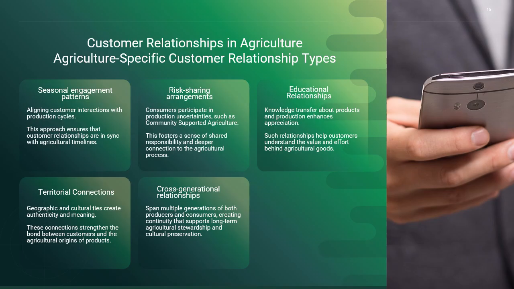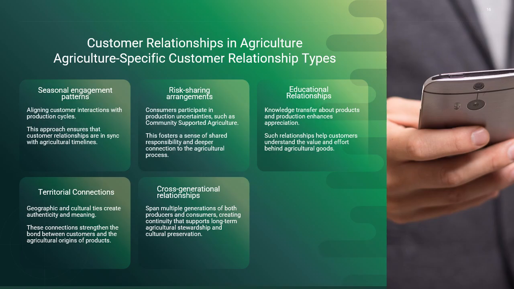A fruit farm might structure customer relationships around the harvest calendar, with intensive engagement during peak seasons through events, harvest updates, and abundant product availability, transitioning to different relationship modes during dormant periods through educational content, preserved product offerings, or planning for the next season. This rhythm respects natural cycles while maintaining year round connection.